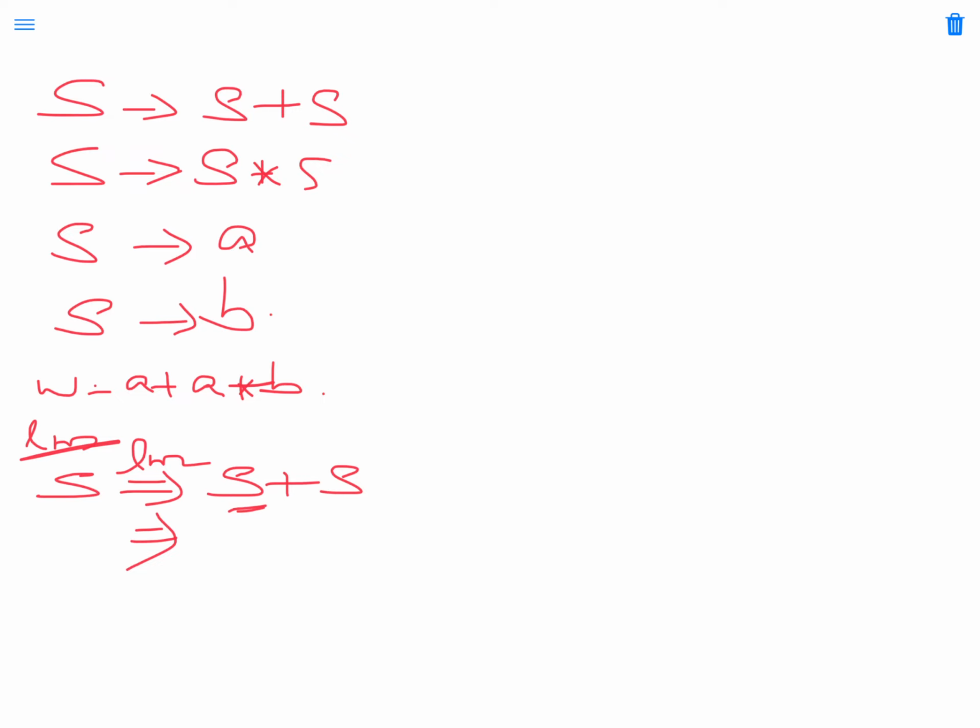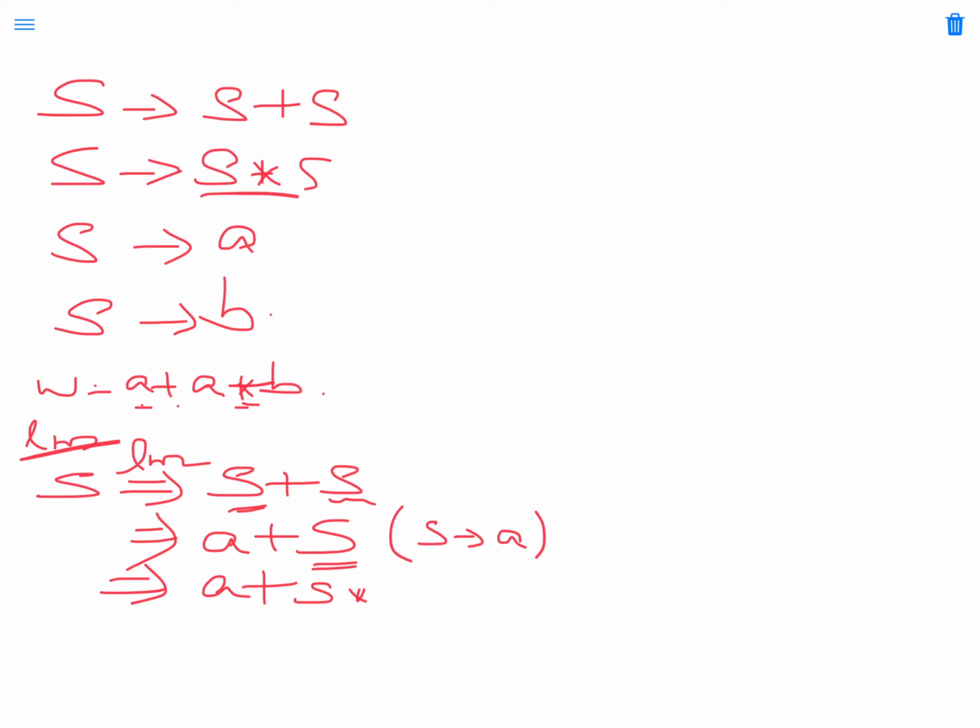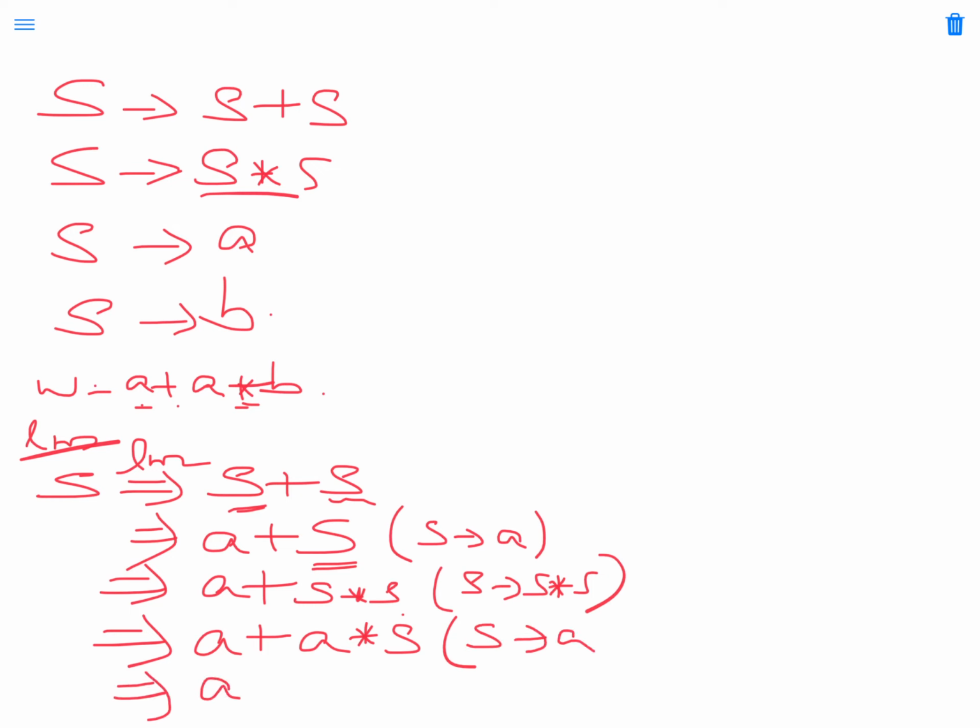Plus is already there, so you need to get a symbol A. So A plus again S, applying S gives A. Next, A plus, leftmost non-terminal is S, so you need to derive the term for star, so choose the production S gives S star S. Now you got both plus and star, and replacing this S with A, you will be getting the string A plus A star A. This is a form of leftmost derivation.